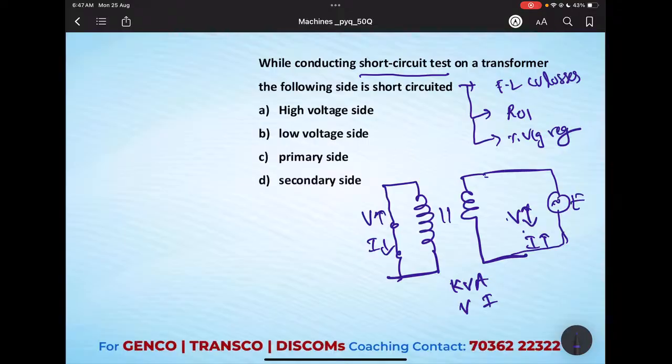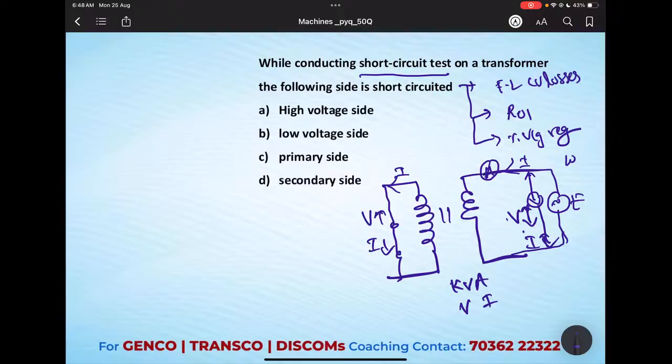In order to generate rated current in HV side, we need to run the transformer at very high currents. The meters required, that means ammeter, voltmeter or wattmeters, will be high rating meters, and whatever energy is used for testing is going to be completely wasted to meet the losses.